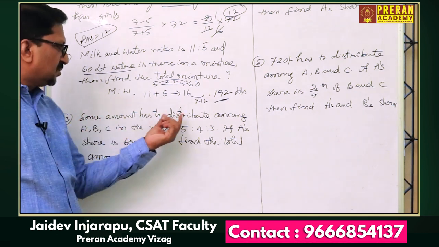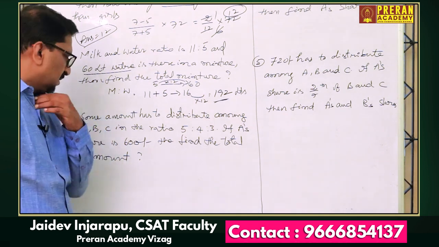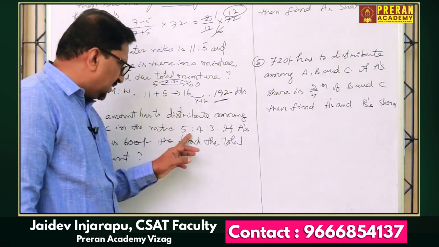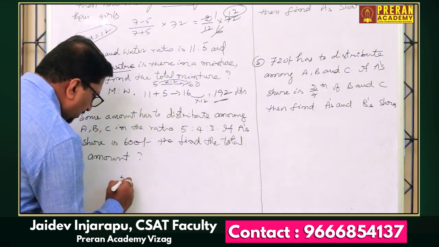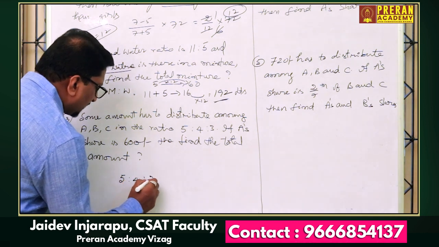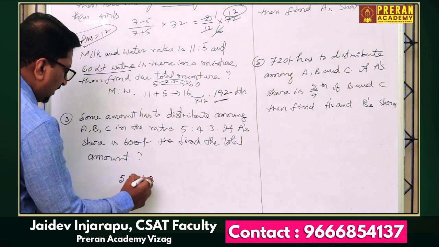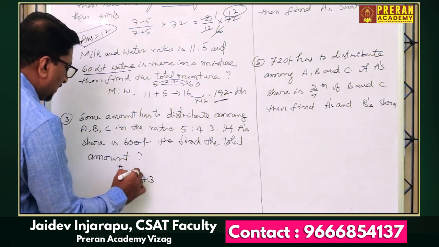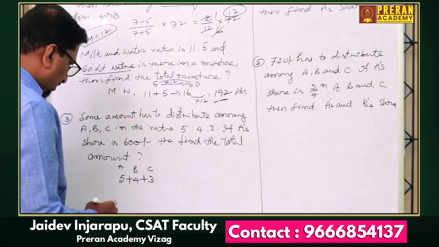Got it? Now, see the next question. Some amount has to be distributed among A, B, C in the ratio 5:4:3. That means A is 5 parts, B is 4 parts, C is 3 parts.